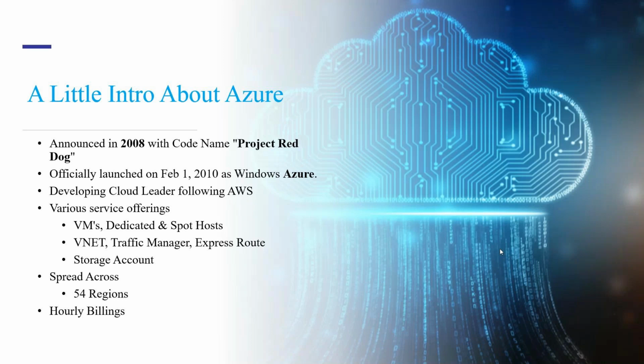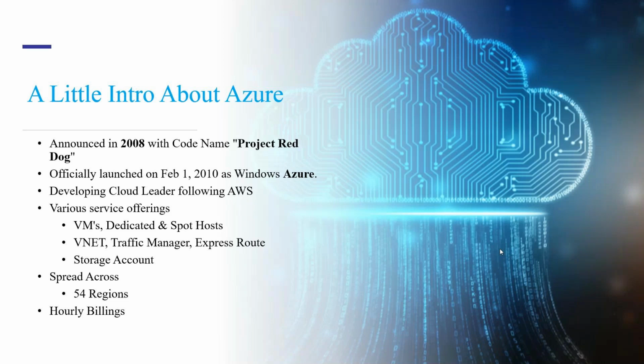So Microsoft announced Project Red Dog in 2008, and after 2 years, announced Windows Azure, or you can call it Azure. Officially in the year 2010 on Feb 1st it was announced: now you can start accessing everything.